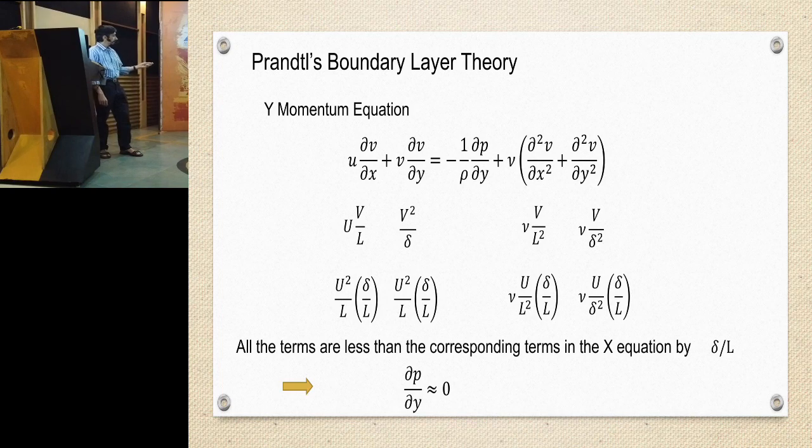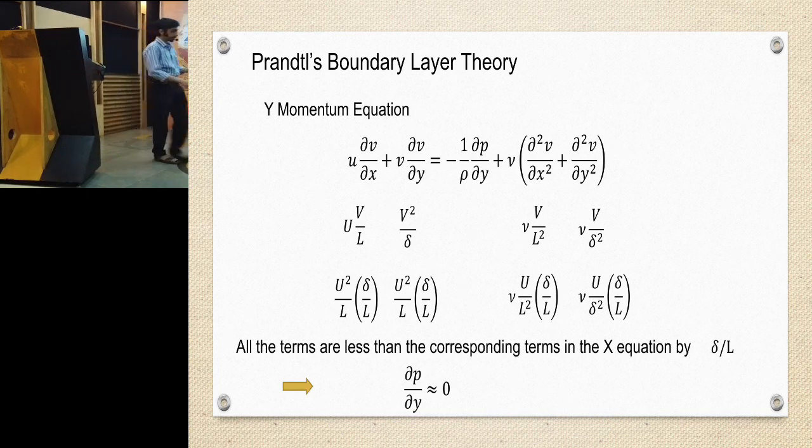then you can rearrange everything in this form, and you can see that each term has a multiplication factor delta by L, and we have said that delta is much less than L. So these are very small terms, and in a moment's time we will compare this with the x momentum equation, and that will make it clear as to why these terms can be neglected.